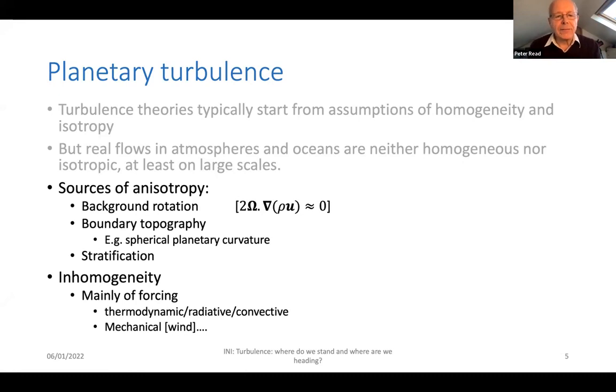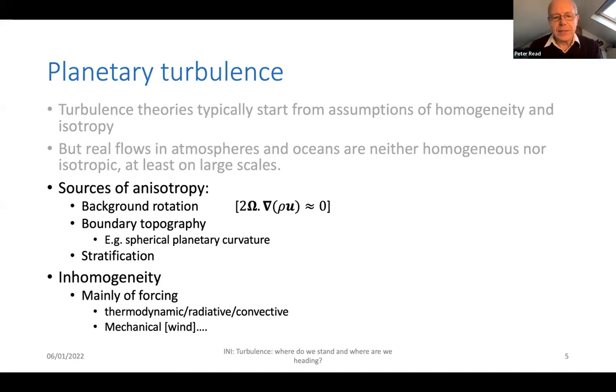But the topography of the boundaries is also an important source of anisotropy, and in particular on large scales, it's the spherical curvature of the planet itself. And then stratification in the vertical. Most atmospheres and oceans are, on a large scale, stably stratified with denser fluid underlying lighter fluid. That again gives a vertical and horizontal anisotropy to what happens, and makes life very complicated.